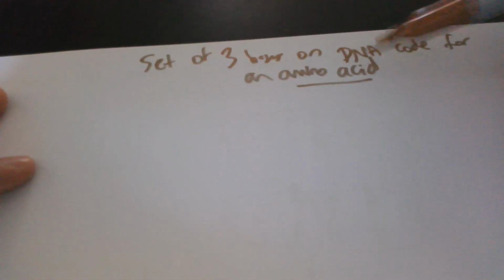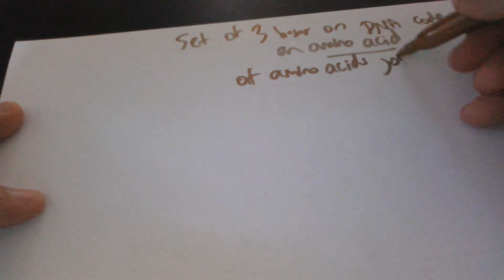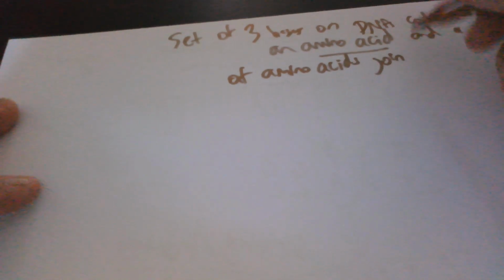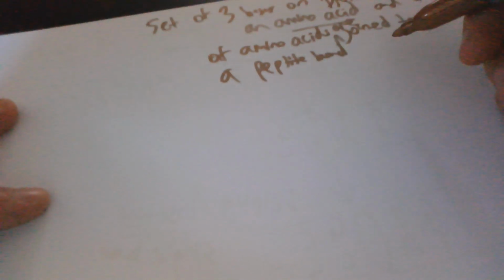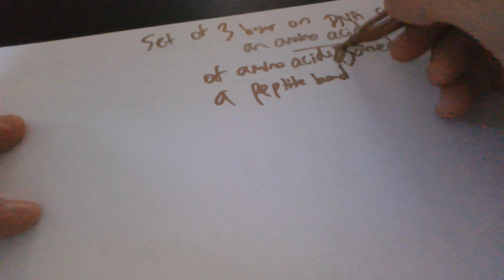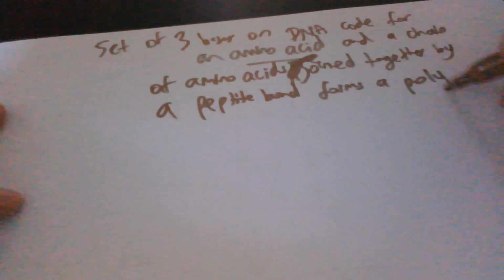So a set of three bases on a DNA codes for an amino acid, and a chain of amino acids are joined together by a peptide bond. Joined together by a peptide bond forms a polypeptide, and I'll talk about that.